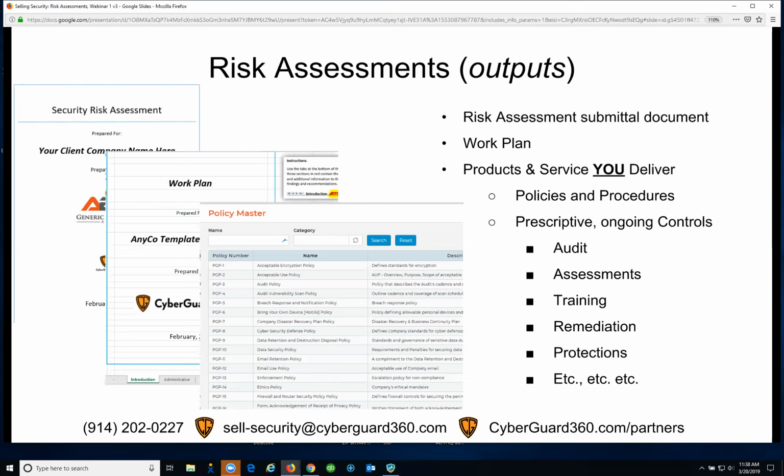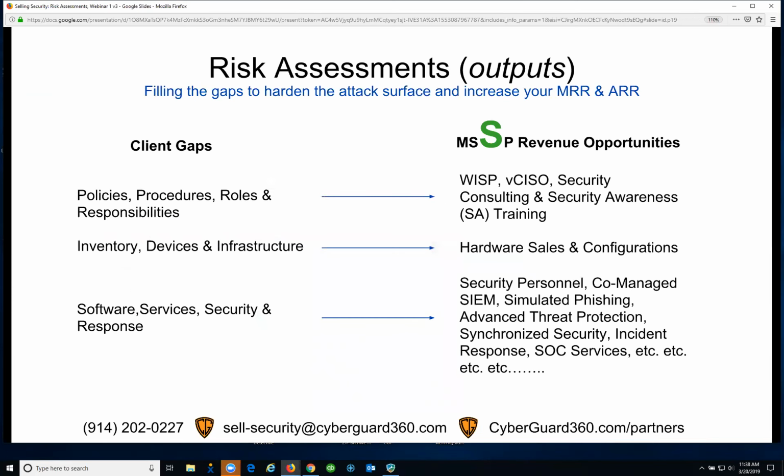Some of them are project-based, and therefore you generate project revenue. Some of them are ongoing services, where you generate MRR or ARR, annual recurring revenue. For instance, you do an annual risk assessment. It fills the gaps to harden the attack surface. All too often, MSPs look at the attack surface as being that technological layer, but the attack surface we talked about earlier is throughout the company, throughout the enterprise, throughout the organization.